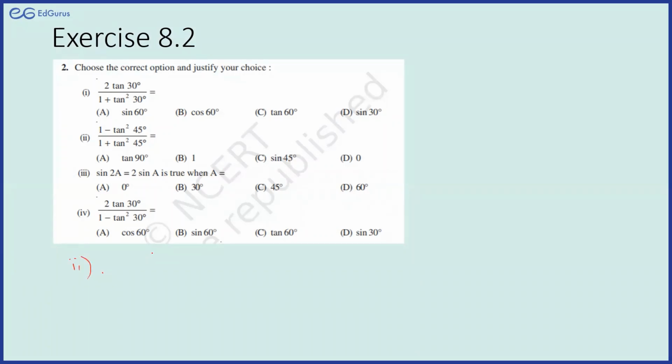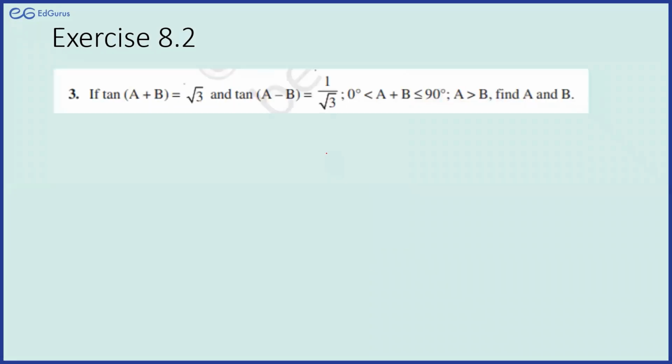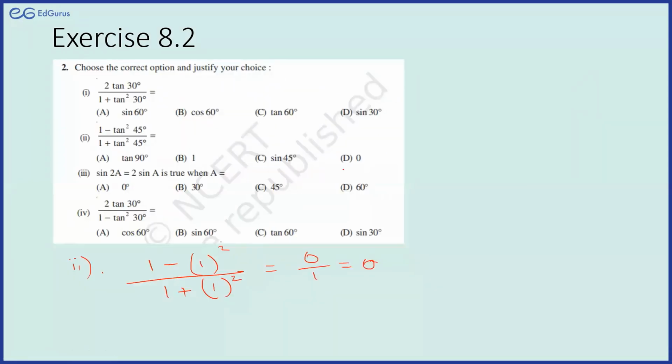Number 2 is 1 minus tan square 45 over 1 plus tan square 45. Tan 45 is 1, so this is 0 upon 2, which is 0. Now, which one of the given values? 0 is given. So D is your answer.